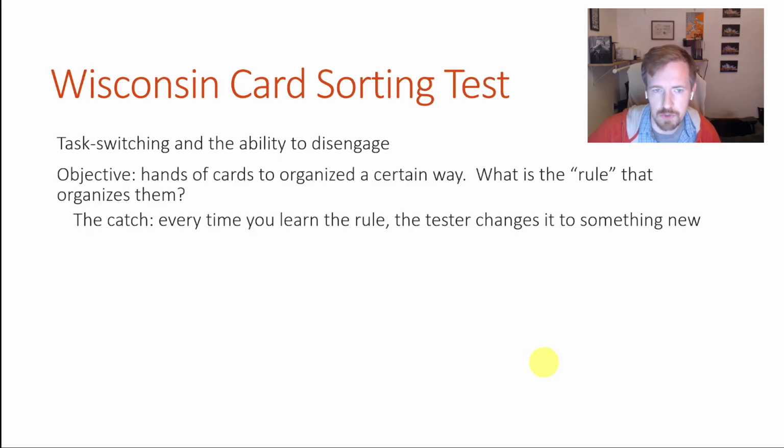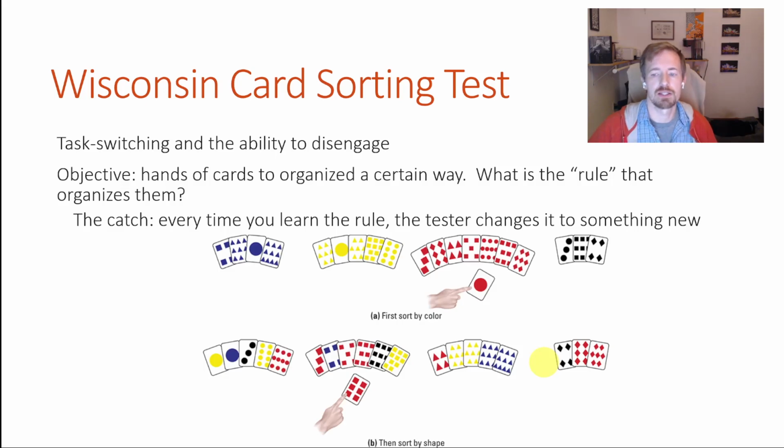The Wisconsin card sorting task is pretty straightforward and simple. All you've got to do is decide what is the rule that is organizing these cards. So, for example, if you see these cards, you would learn to put this card there, because you're looking at just blue shapes. If you are looking at this, then you would probably submit the yellow for the same reason, that they're all the same color.